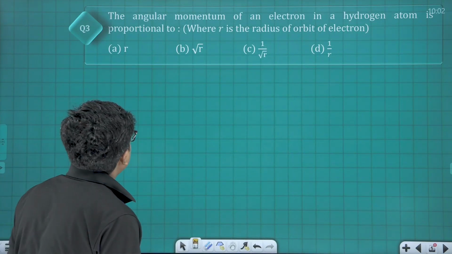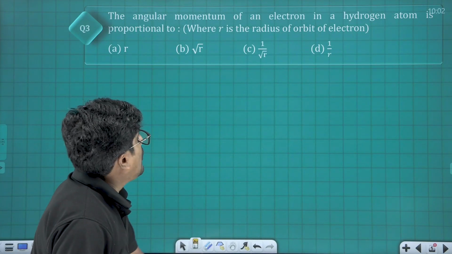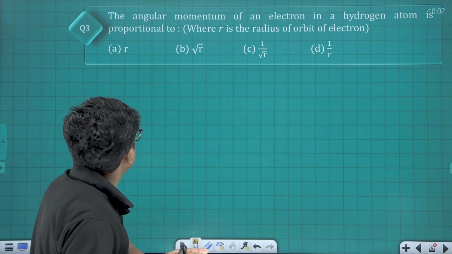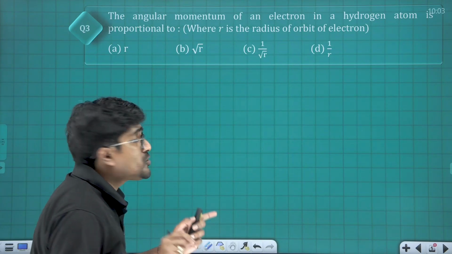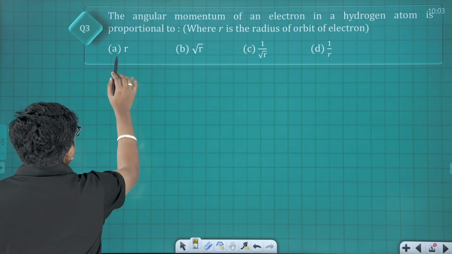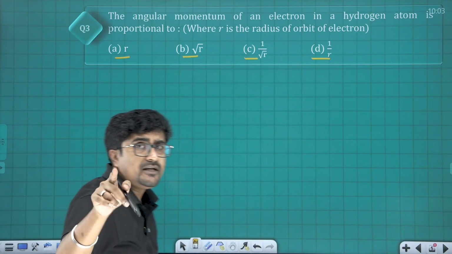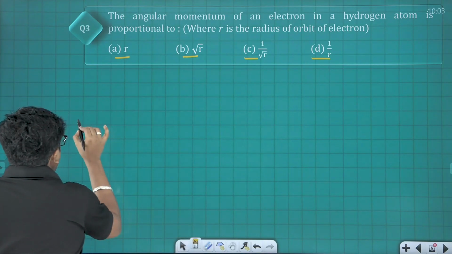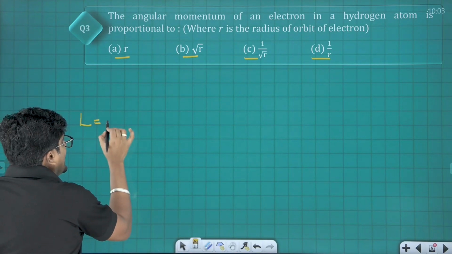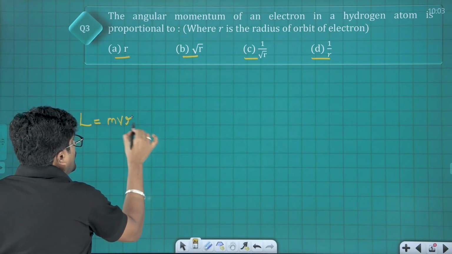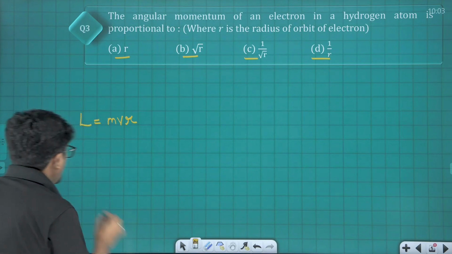And question number 3 says the angular momentum of an electron in a hydrogen atom is proportional to. Okay. And basically we need this in terms of r. So again, we know that L equals m into v into r. Now listen here carefully.